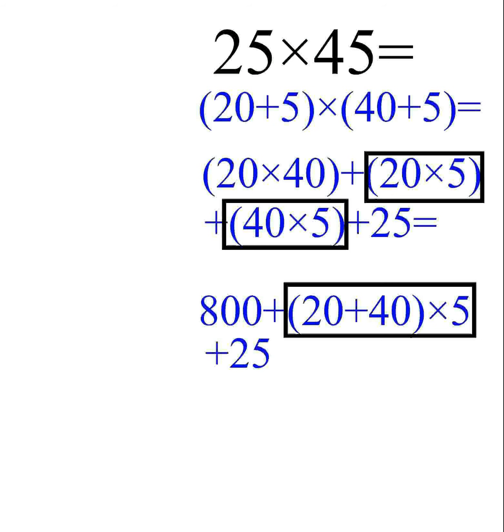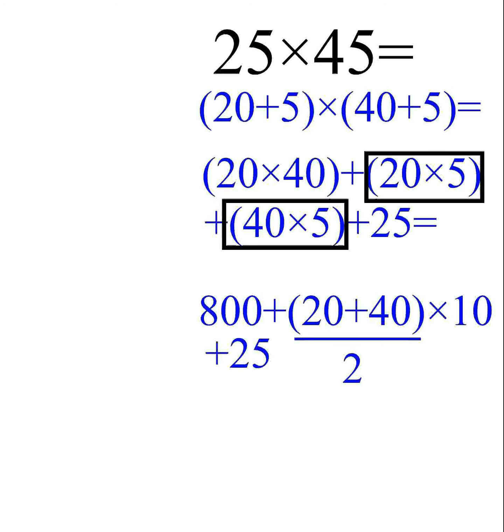And as this is a product, we could divide inside the parentheses by 2 instead of dividing 10 by 2. Okay, and this is 10 plus 20. And we could write it as 1 plus 2 times 100.